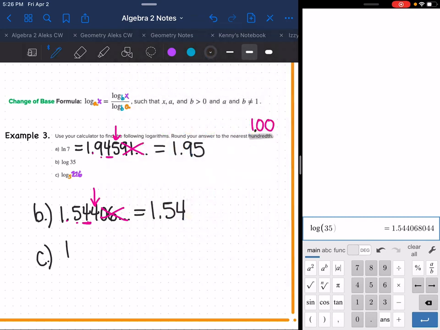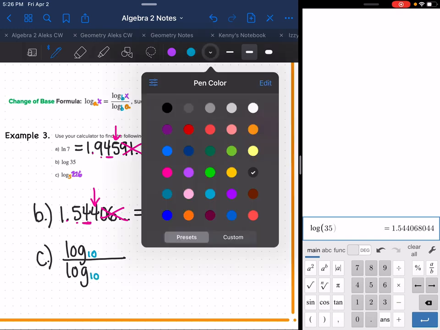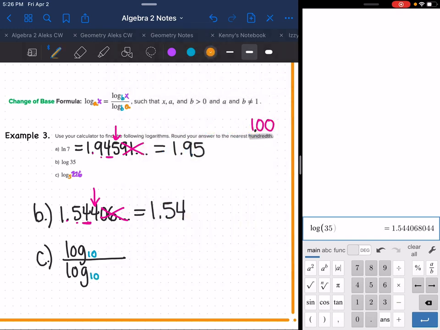I need the log. I'm going to make my base be the base 10. That way I can put it into the calculator, okay? Now, I don't need to write that base 10, but I wanted to do it for you guys so that you could see, based on the color and the change of base formula, what number I was putting there.